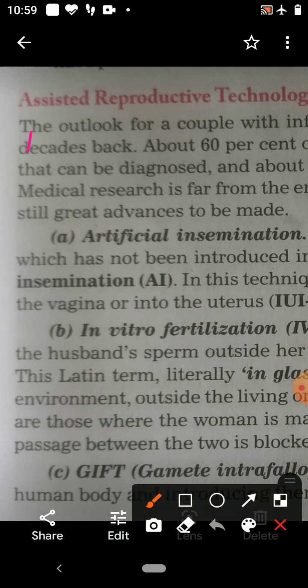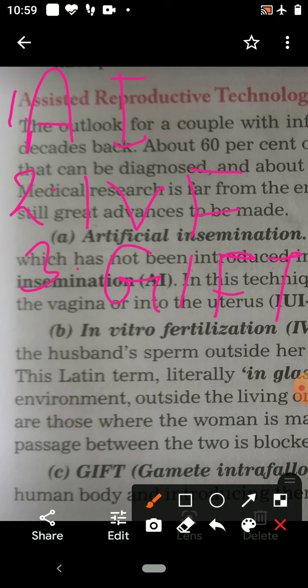artificial insemination, that is called AI. A stands for artificial, I stands for insemination. Second is IVF, in vitro fertilization. In vitro fertilization is also called test tube baby. Third is GIFT.